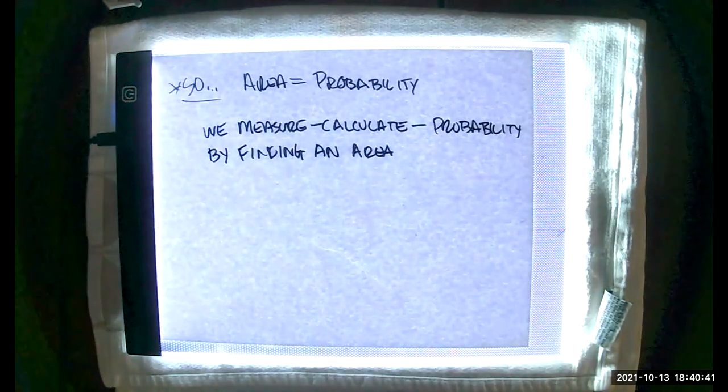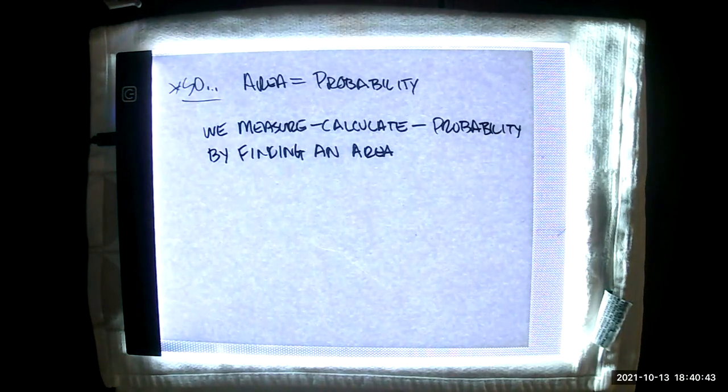And this is really a fundamental notion that we use throughout statistics.